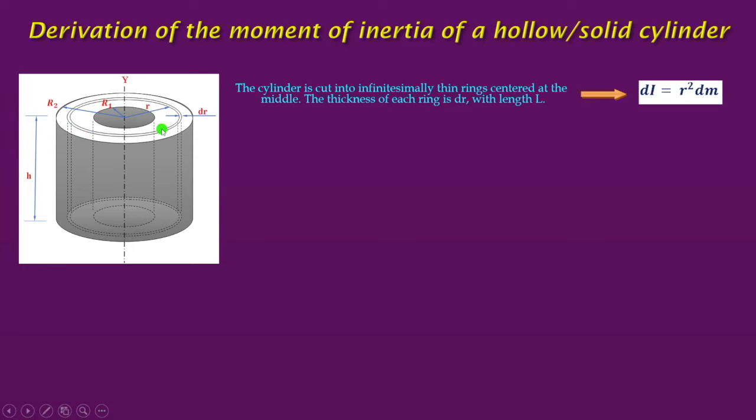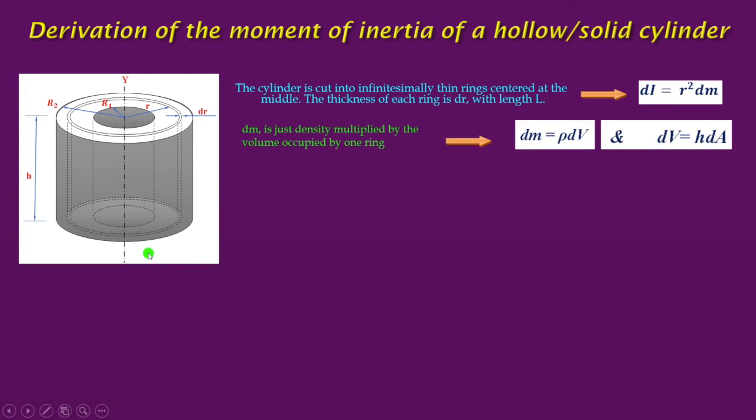The mass of that cylinder is dm, and all points of that cylinder are at the same distance from the axis, equal to r. So by definition, di equals r square dm. This di is the mass moment of inertia of the infinitesimally small thin cylinder, the dotted line cylinder.